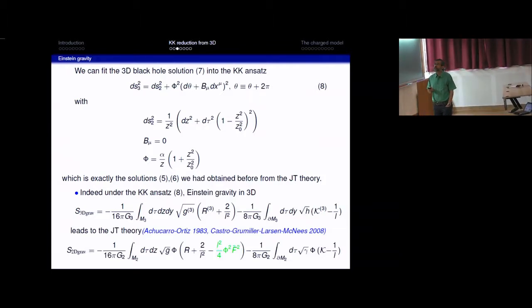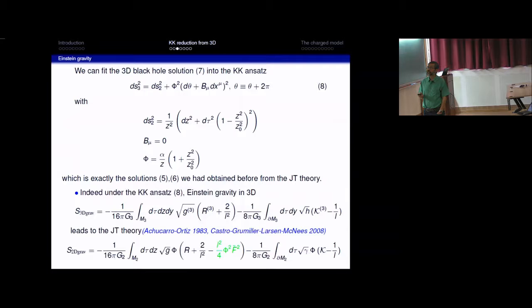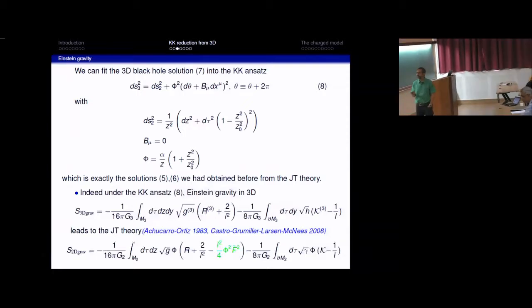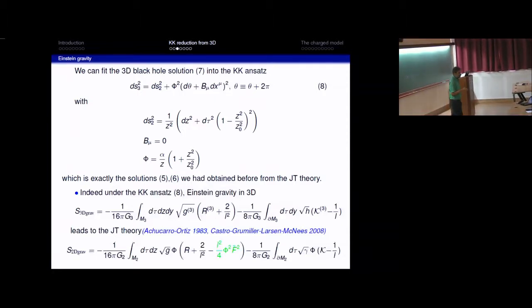That is not surprising, because under the Kaluza-Klein ansatz, Einstein gravity in 3D boils down to a generalized JT theory in which there is a field strength term of the Kaluza-Klein gauge field. But for simplicity, and it is also possible to do so consistently from the equation of motion, we will set the Kaluza-Klein gauge field to 0.